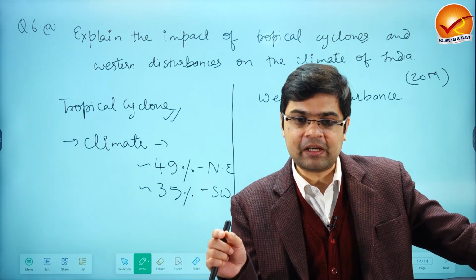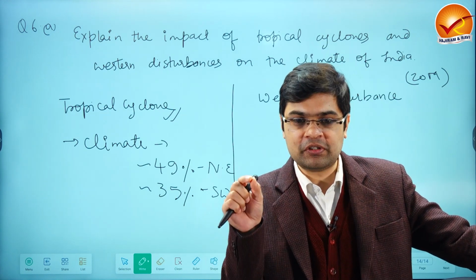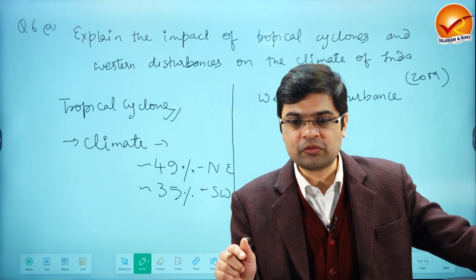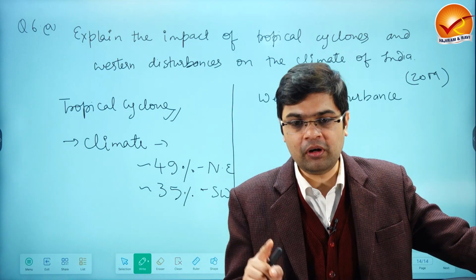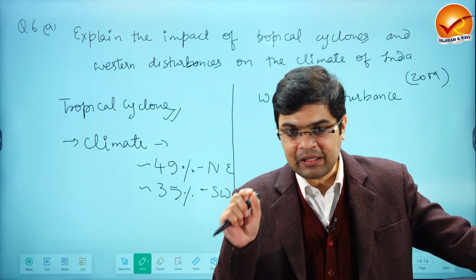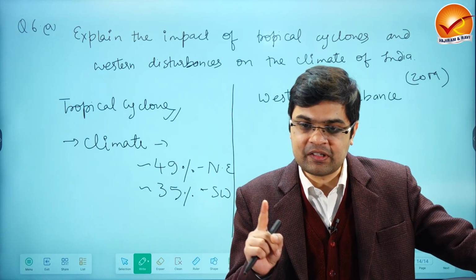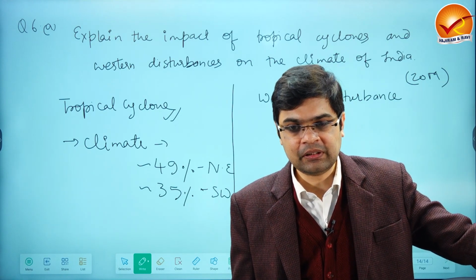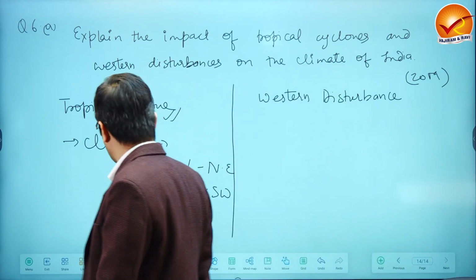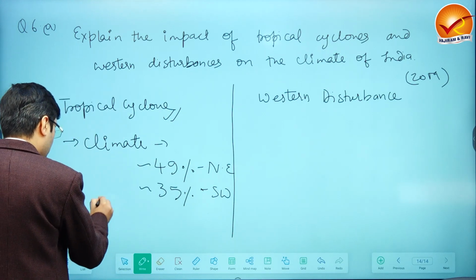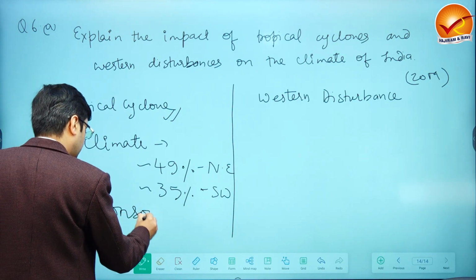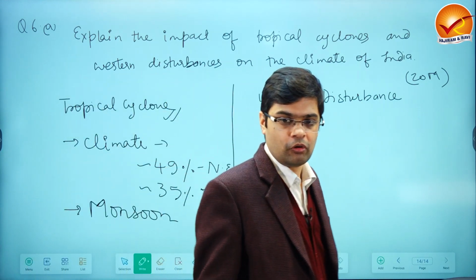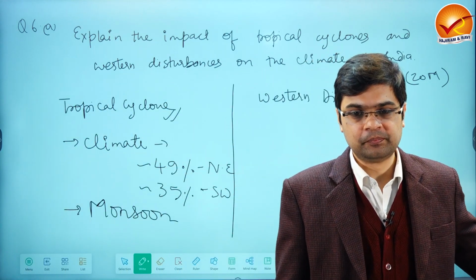Tropical cyclones induce low pressure systems on the ocean, that is, on the Bay of Bengal and on the Arabian Sea, and they can increase or decrease the intensity of rainfall. Okay? So this is the effect of tropical cyclones on the monsoon as well.